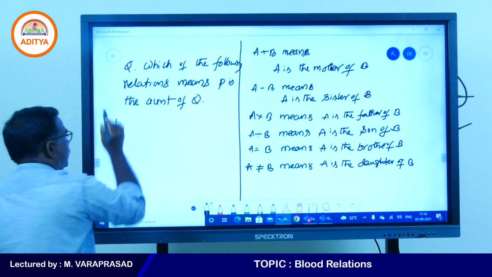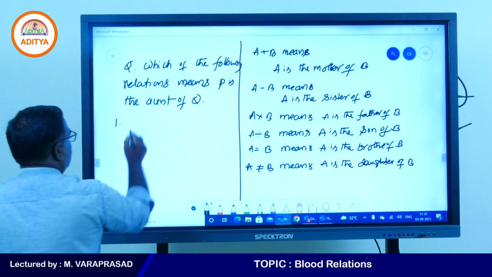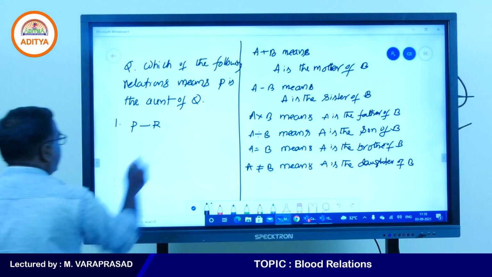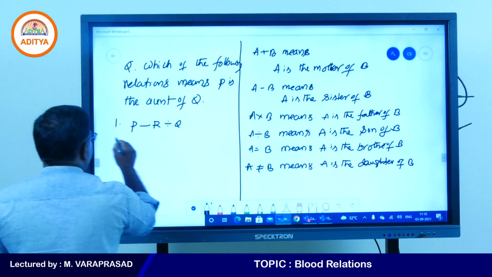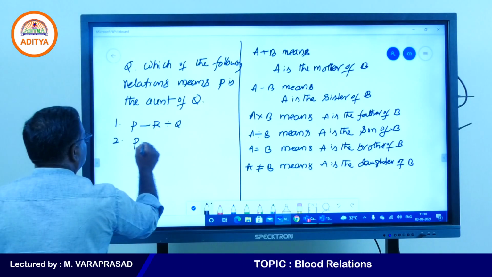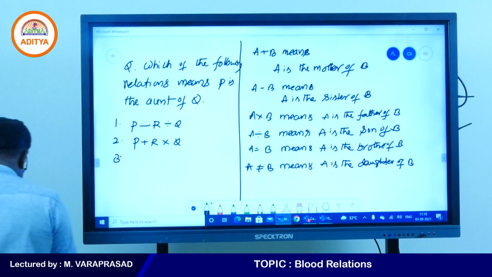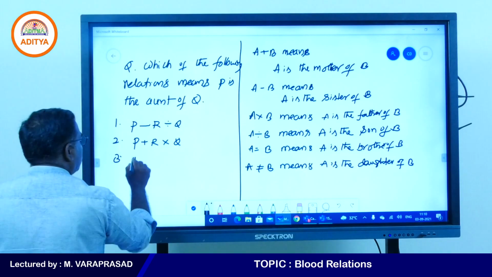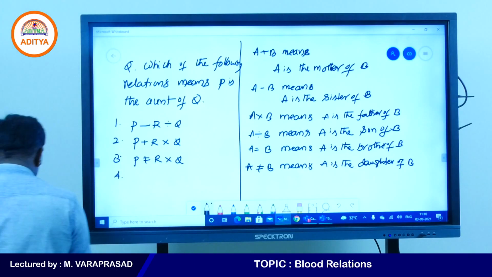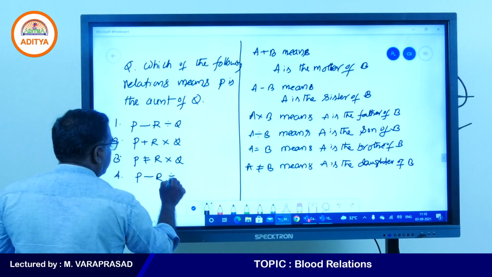Option number 1 is P minus R divided by Q. Option number 2 is P plus R into Q. Option number 3 is P not equal to R into Q. Option number 4 is P minus R plus Q.